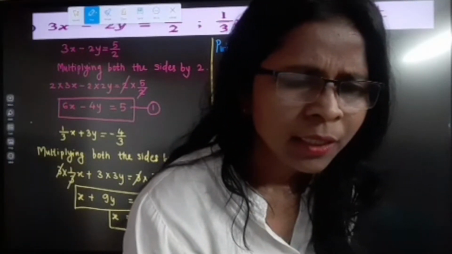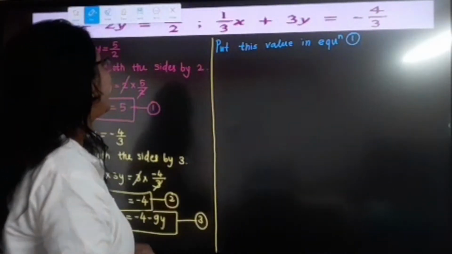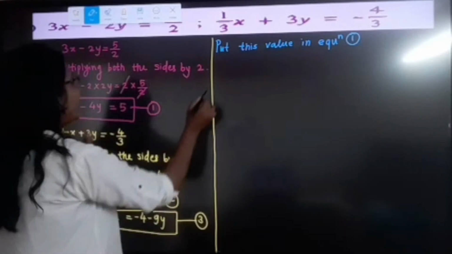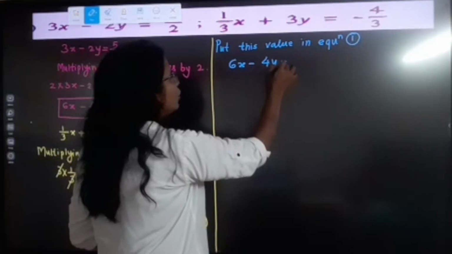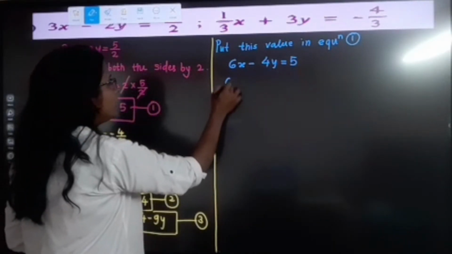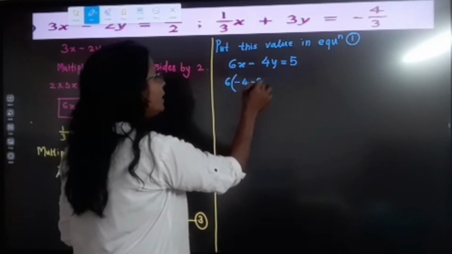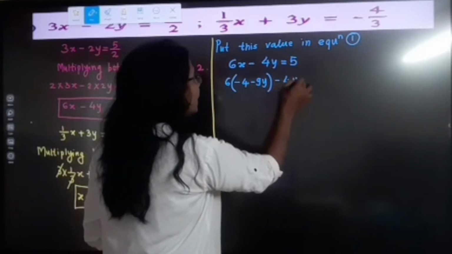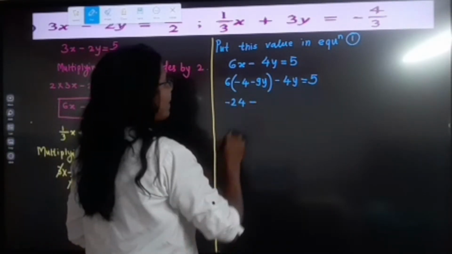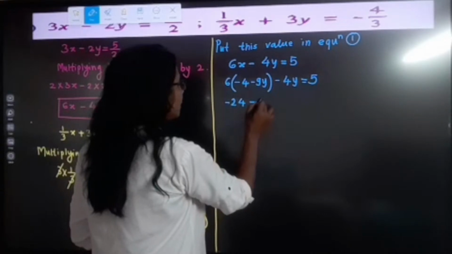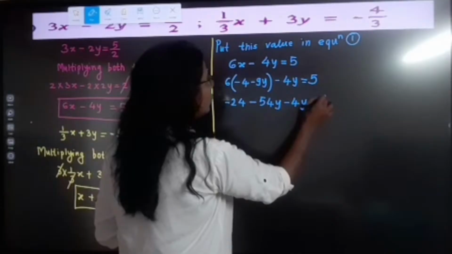Okay, then here, equation 1: 6x minus 4y is equal to 5. So now 6 multiply minus 4 minus 9y, minus 4y is equal to 5. So minus 24 minus 54y minus 4y is equal to 5.